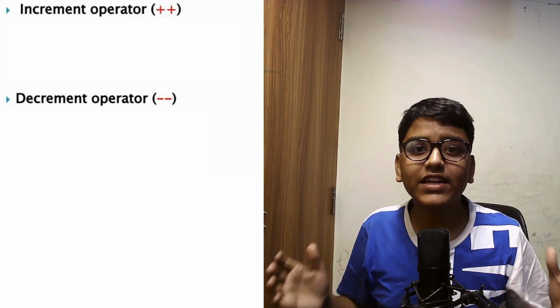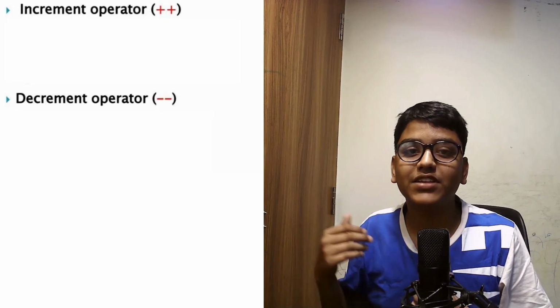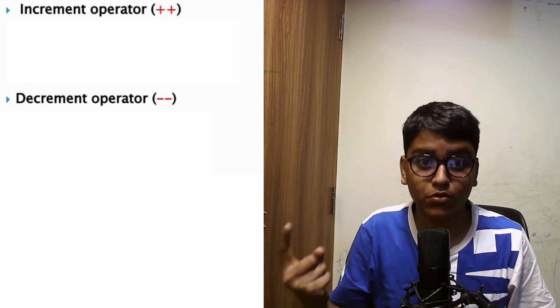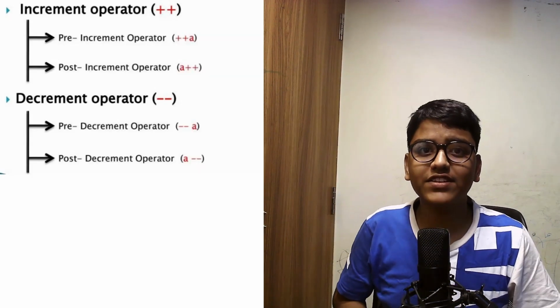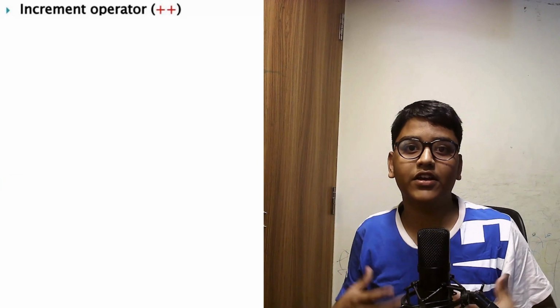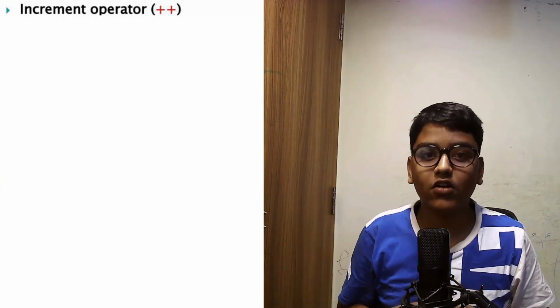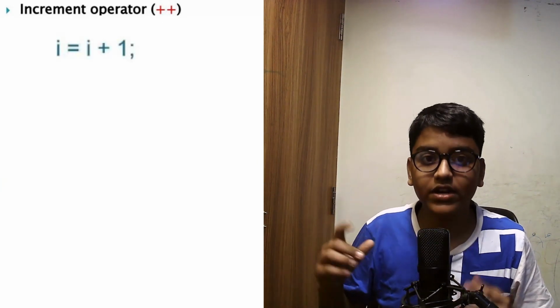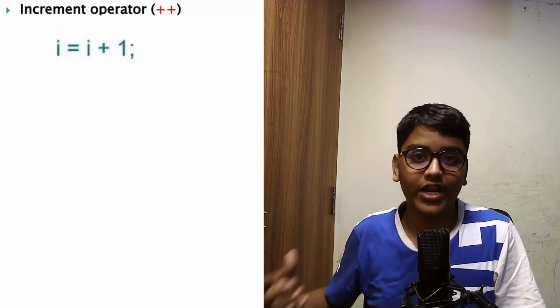So friends, now let's understand about increment and decrement operators. Friends, increment and decrement operators themselves have their two types, which are postfix and prefix. Now first let's understand about increment operator. Friends, whenever we use increment operator, number one gets added to whatever variable we have provided.